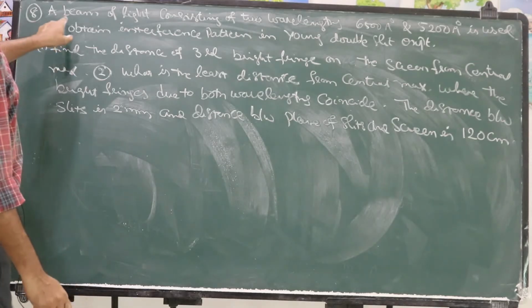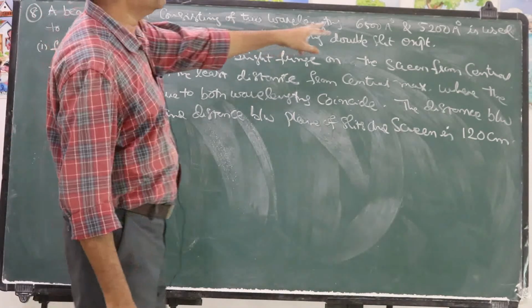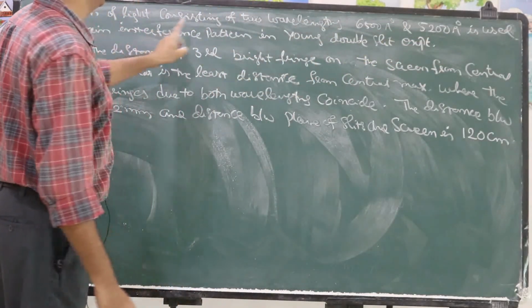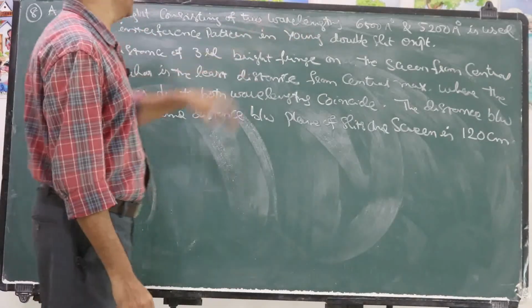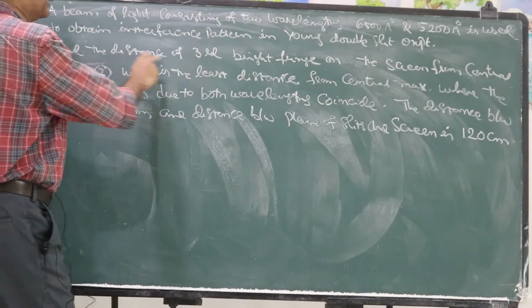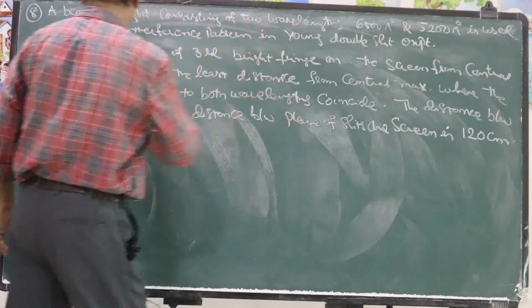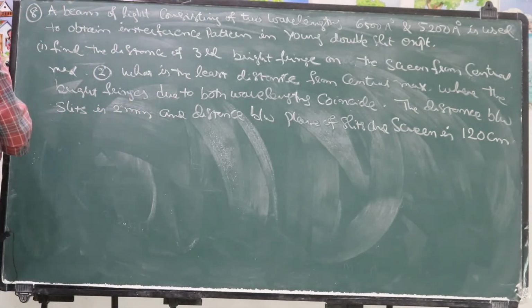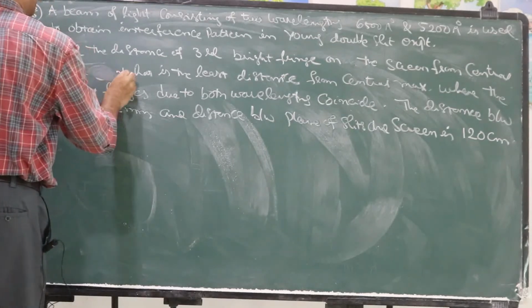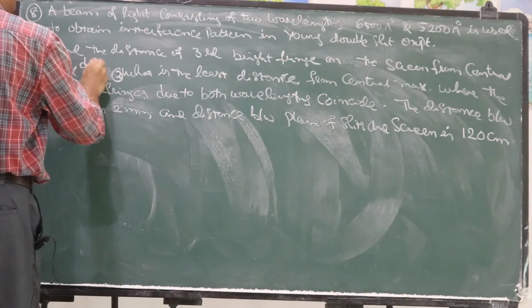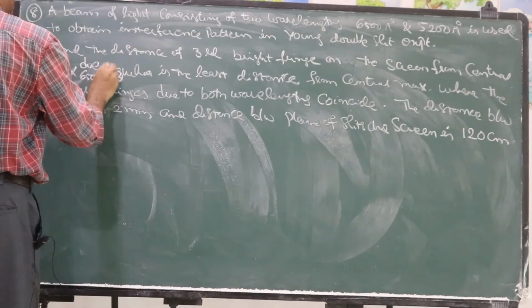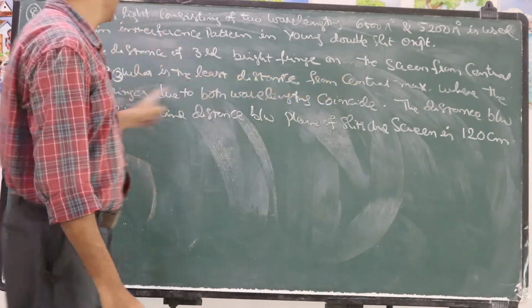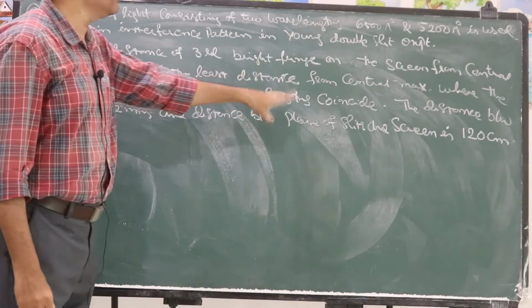Okay. A beam of light consists of two wavelengths, 6500 Armstrong and 5200 Armstrong, is used to obtain interference pattern in Young double slit experiment. Now you have to find the distance of third bright fringe on the screen from the central maximum due to 6500 wavelength. Then second one, what is the least distance from the central maximum where the bright fringes due to both wavelengths coincide?